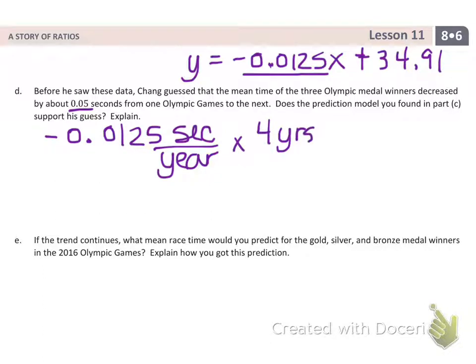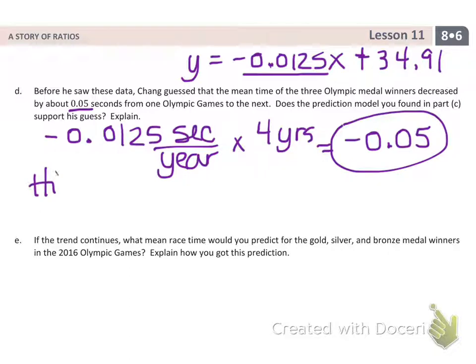So we need to multiply that by 4, and what we get here would then be negative 0.05 seconds in 4 years. Okay, so he was right in his prediction. His prediction is supported.